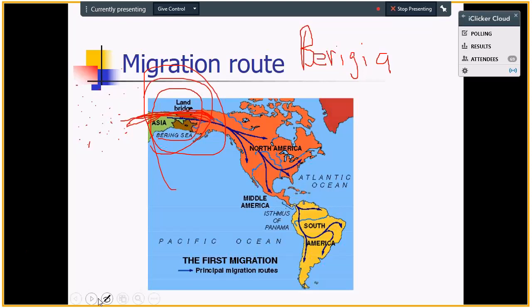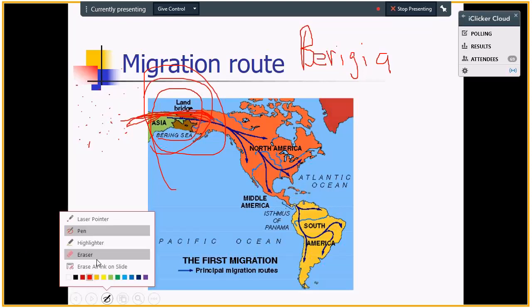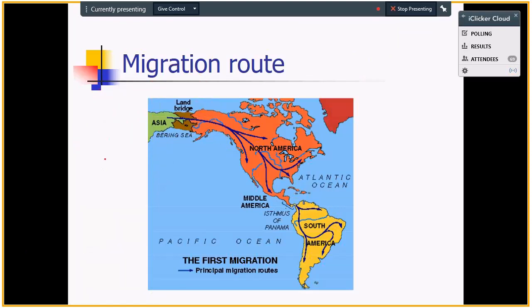There's also an idea and some evidence to support it that there was a water migration as well. Now, right about here is where the glaciers came down to from the north.